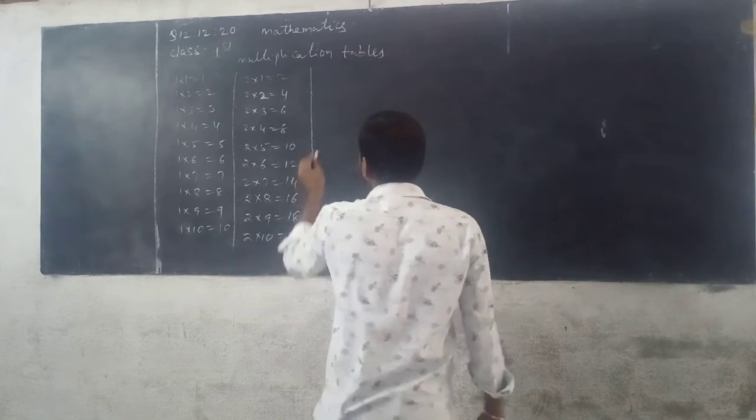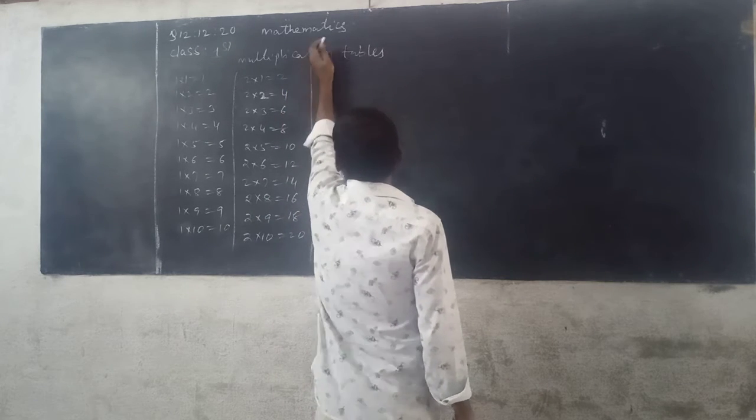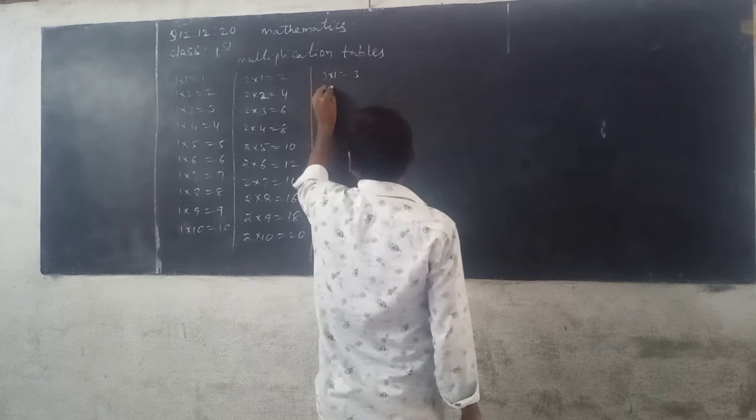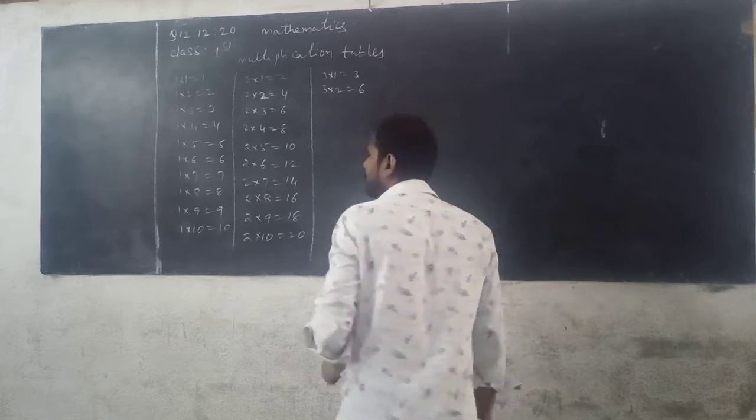Next, three table. Three ones are three, three twos are six. Write down everybody.